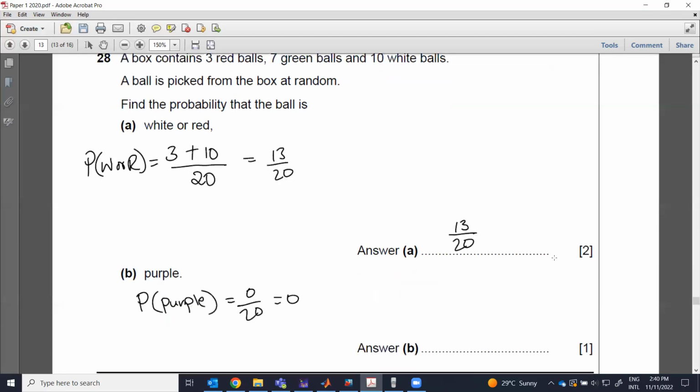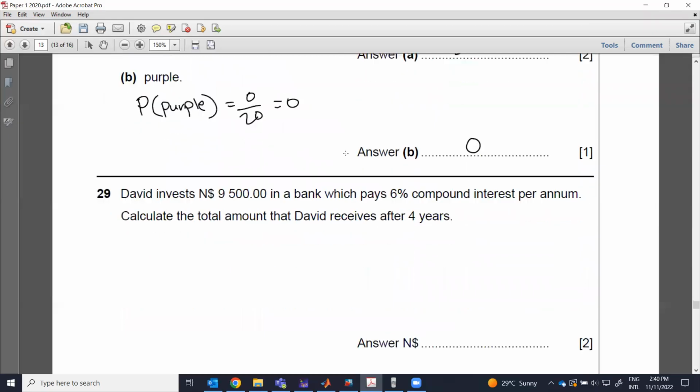And that should make sense because there's no purple balls in the bag. So it's impossible to pick a purple one. So remember again, write it as a fraction, a percentage, or as a decimal. And it must be between 0 and 1.